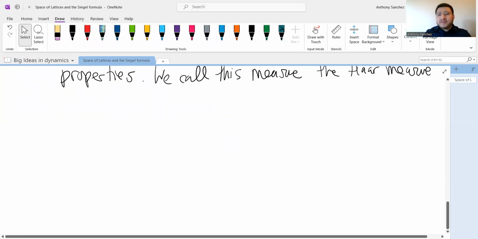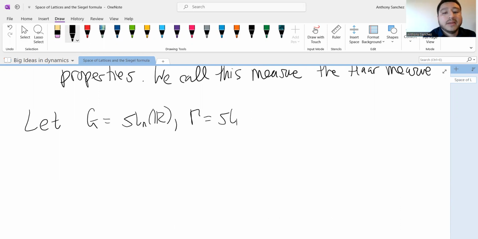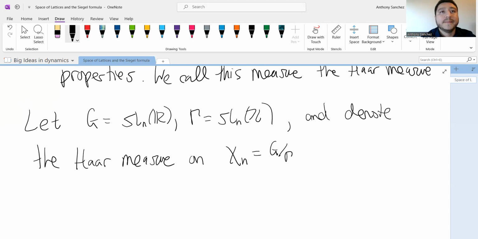All right, and so now to simplify the notation a little bit, I'm going to let G denote SL_n(R) and Gamma denote SL_n(Z), and denote the Haar measure on the space of lattices, which with the simplified notation is just G mod Gamma, by m_{G/Gamma}.